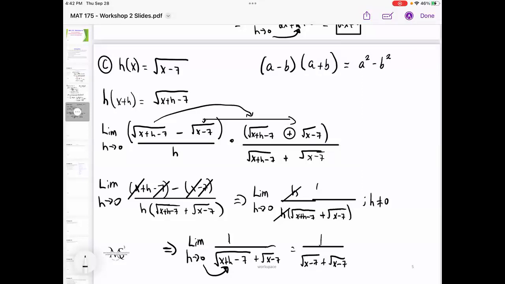So if you treat these like variables or like radicals, we say that our answer is 1 over 2 times the square root of x minus 7, and that is our derivative. This is essentially my h prime of x. Okay, any questions with part C?